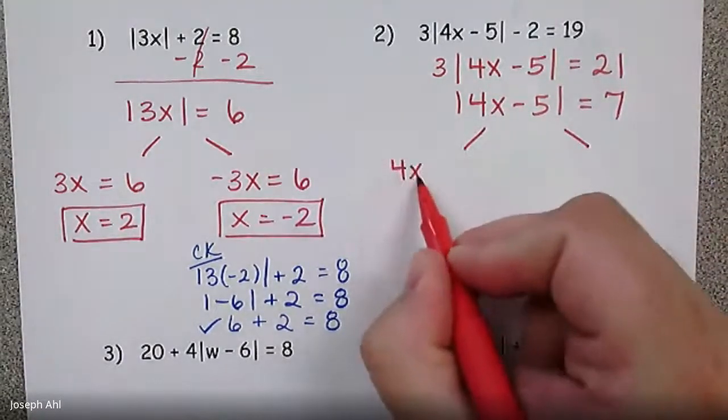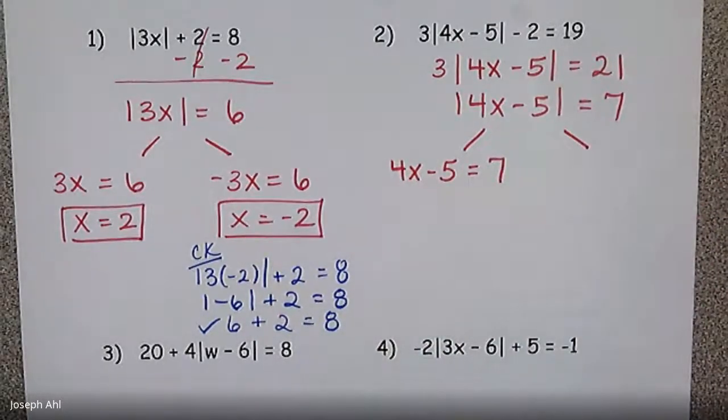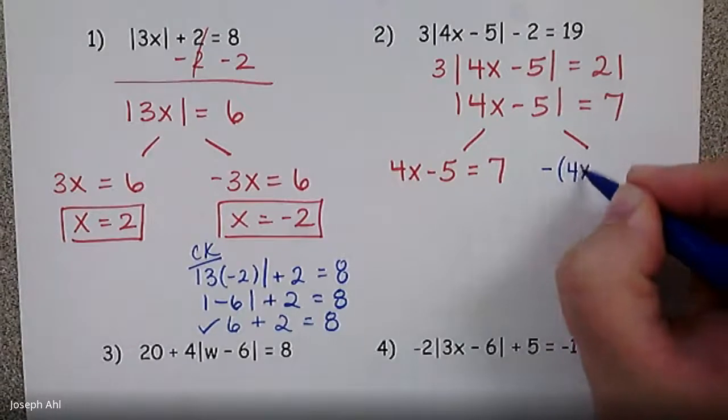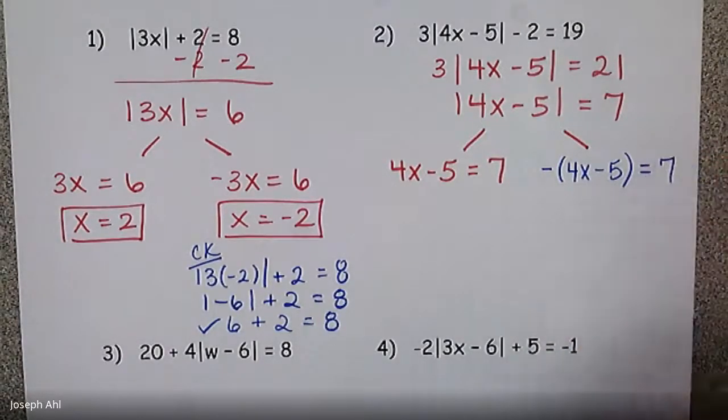So on one side, we get 4x minus 5 is equal to 7. That's the easy one to write, just drop those absolute value bars. But in the other scenario, here's where it's going to look a little bit different than number one. You have to negate the entire expression 4x minus 5 and set that equal to 7.